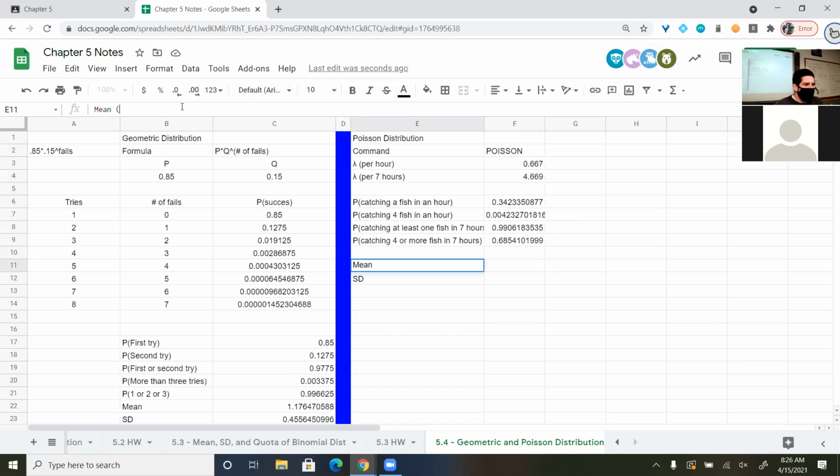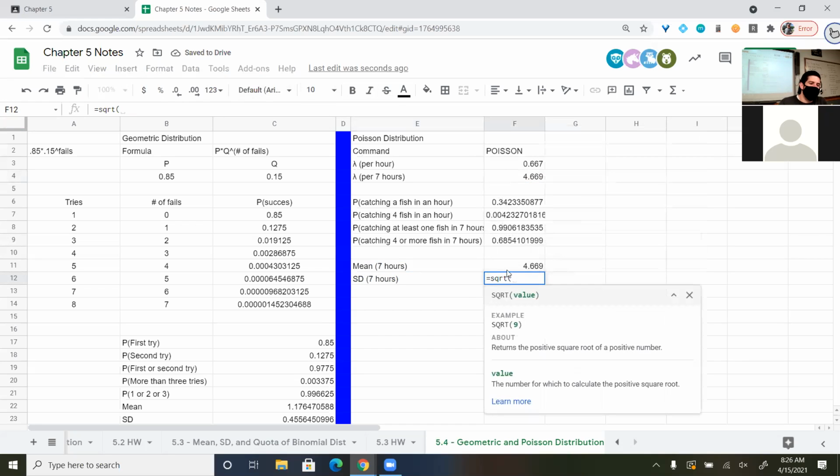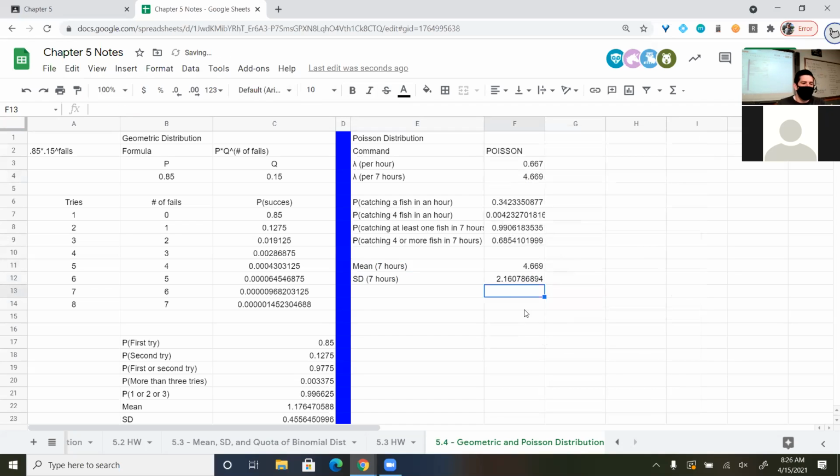The mean, if I wanted the mean for 7 hours, again, that would just be the lambda, and the standard deviation, I should have specified this for 7 hours, would be the square root of lambda.